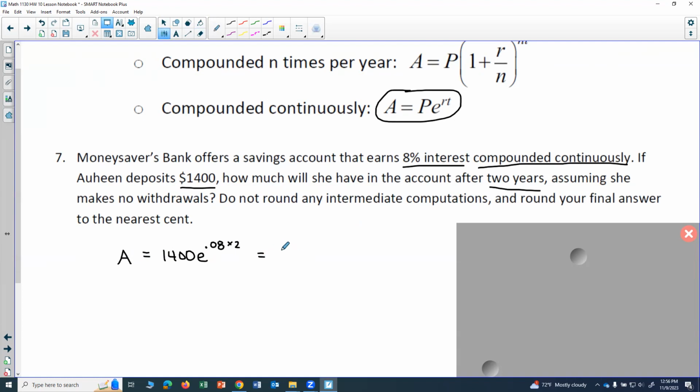So when I put that in, I would put 1,400 e to the 0.16. I would multiply and get the exponent before putting it into my calculator.